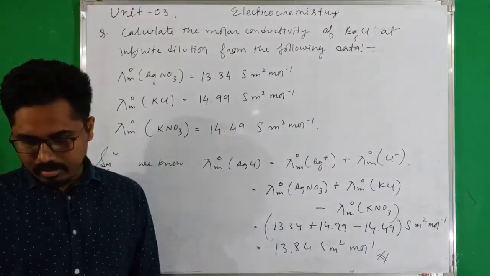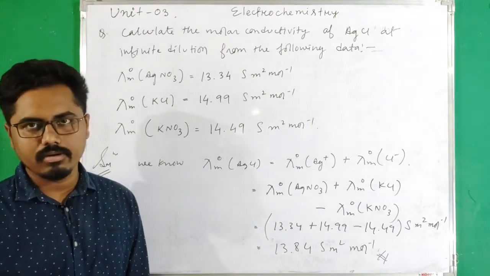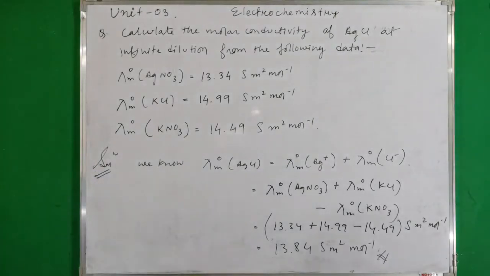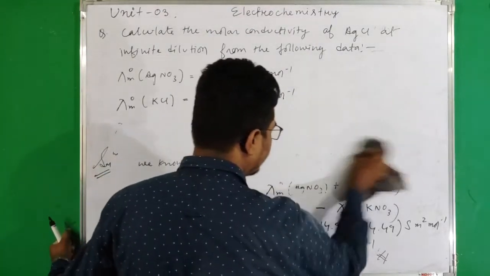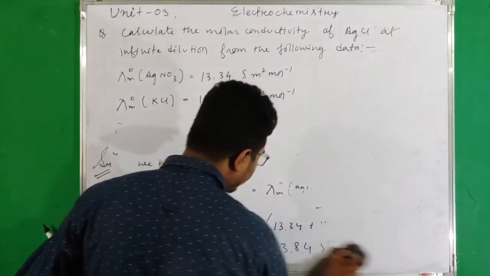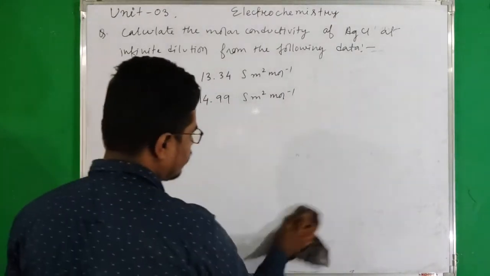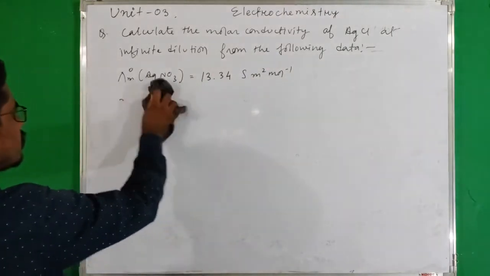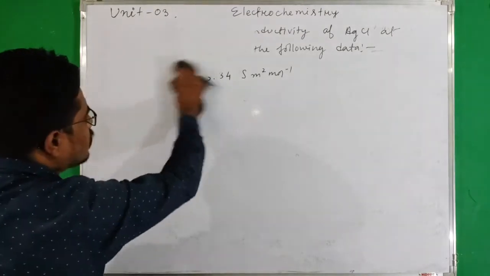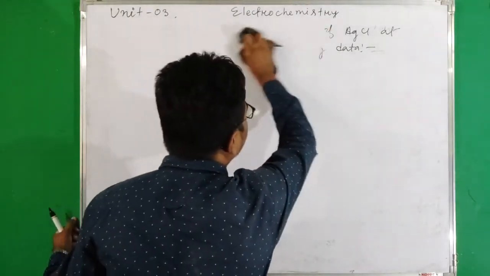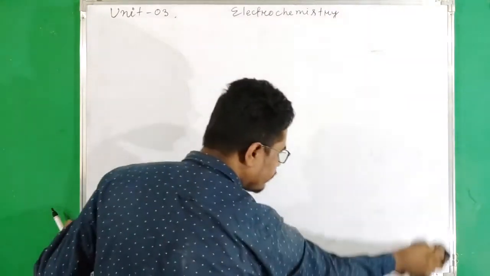Okay, so now we will study another application of Kohlrausch law, and using Kohlrausch law we can determine the degree of dissociation, that means alpha, for a weak electrolyte. So about degree of dissociation you have learned in class 11 chapter number 8, that means the ionic equilibrium.